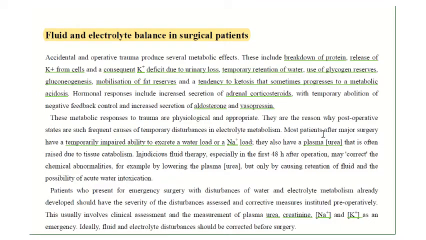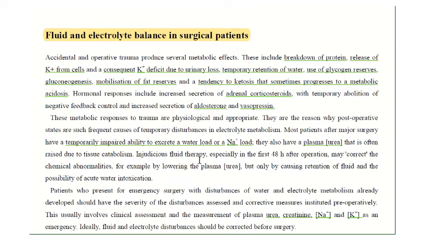إذن أغلب المرضى بعد الميجر surgery، العمليات الكبرى، have a temporarily impaired ability to excrete a water load or a sodium load. They also have a plasma urea concentration that is often raised due to tissue catabolism.